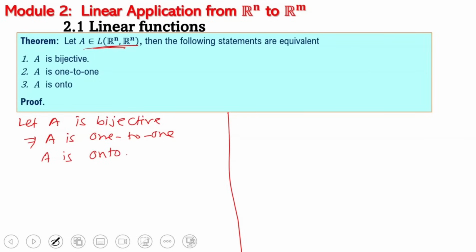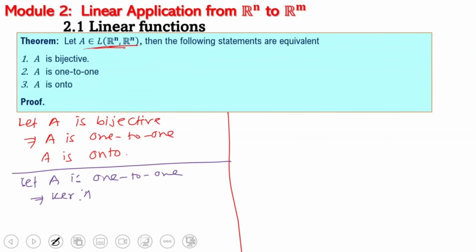Okay, now let's say A is 1 to 1. So this implies the kernel of A contains only 0. Therefore, the dimension of the kernel of A is equal to 0.